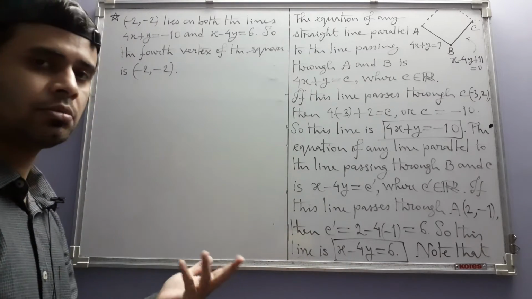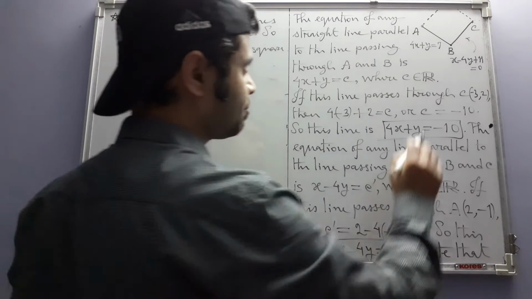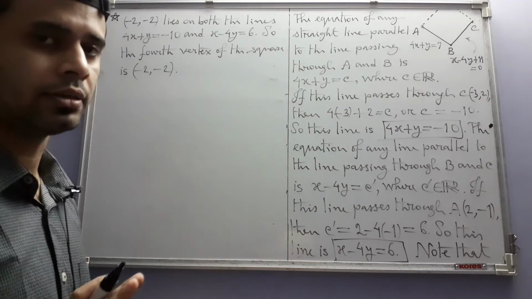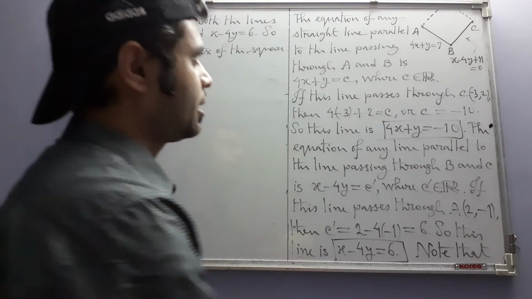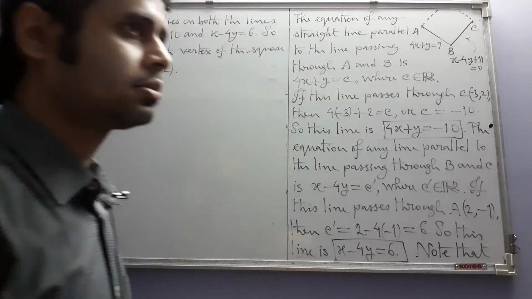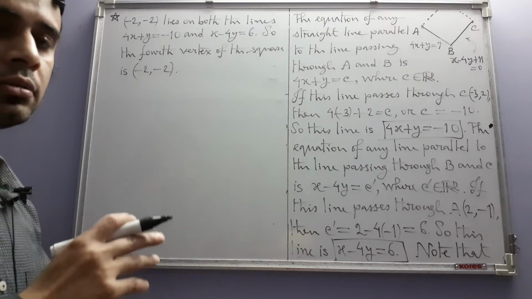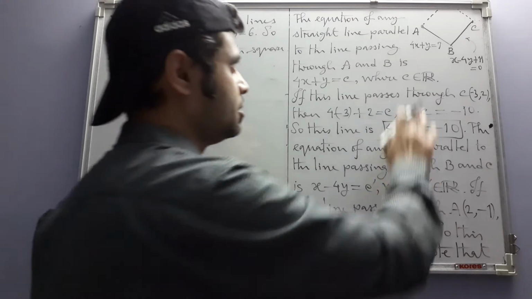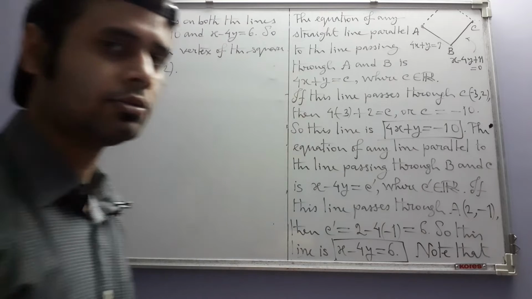And how are we able to conclude that? You see, we have shown that these two line segments have the same length. That is one thing. And the other thing is that the slopes of these two lines are such that their product is -1. So that means these two lines are perpendicular to each other.